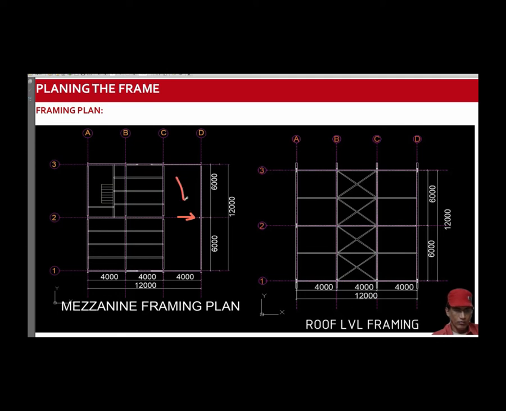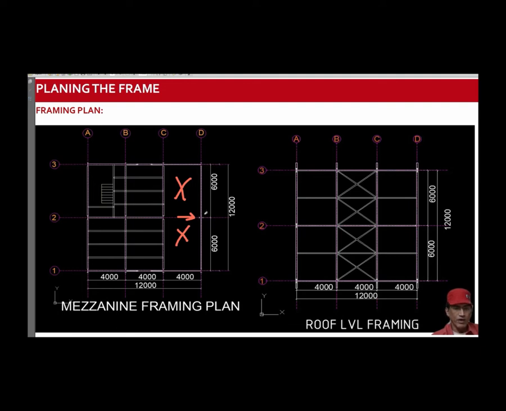So this is a double height area. So this column will have a support at bottom, and it will be restrained by the roofing frame at top. So it will be a double height column. So it is prone to local deflection.